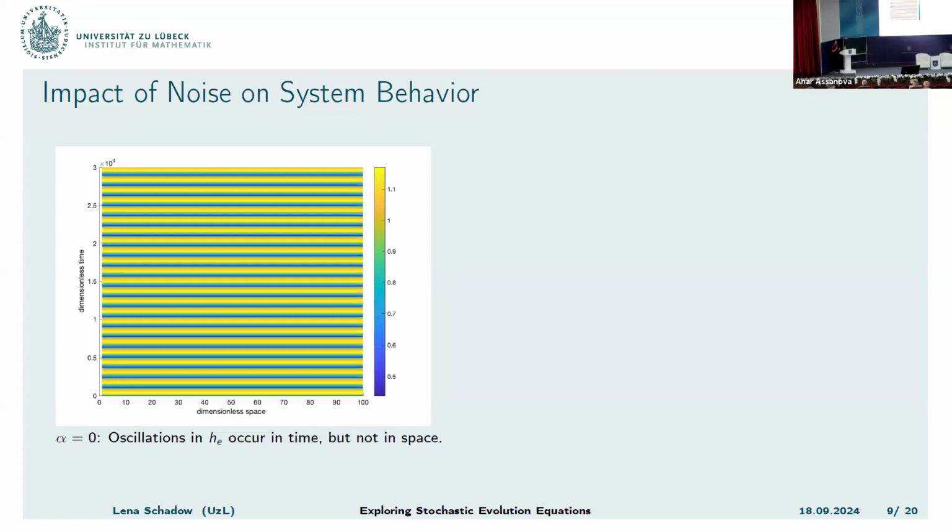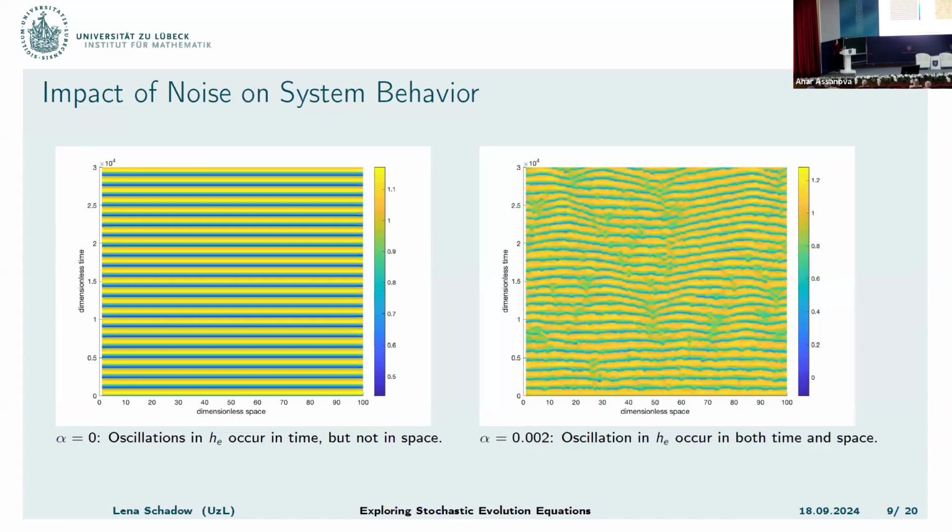If I now include the noise part, so I set my alpha to something like 1 point something, it seems to be really small, but it's just because we made the system dimensionless. That's why it seems really small.